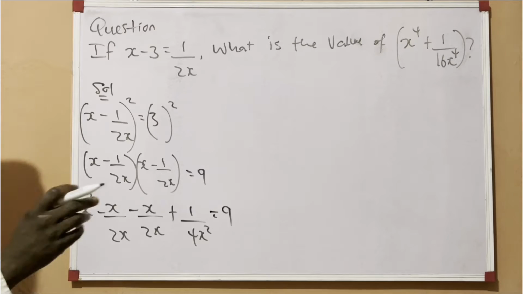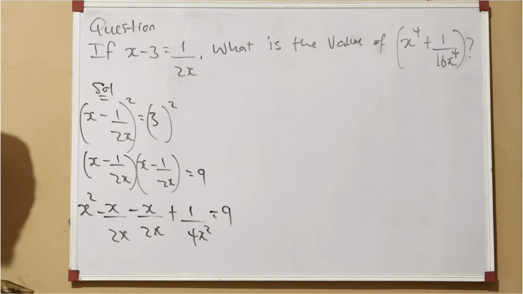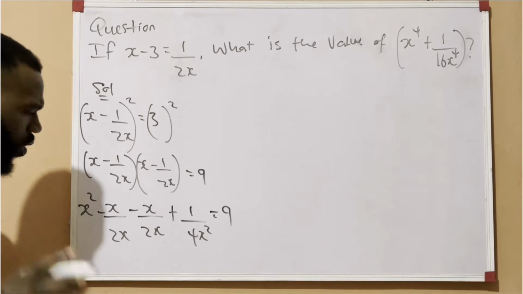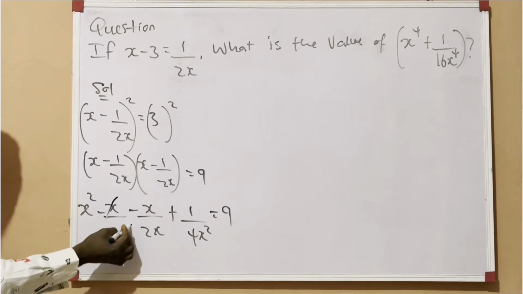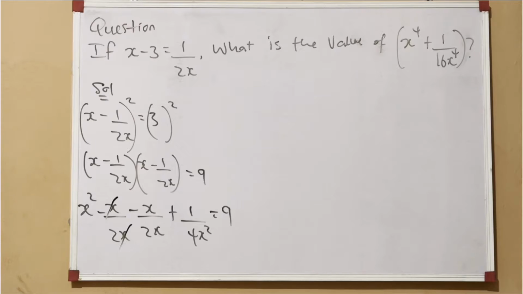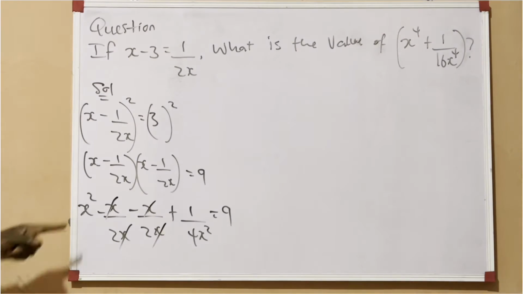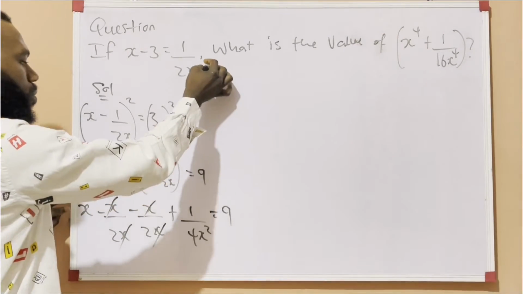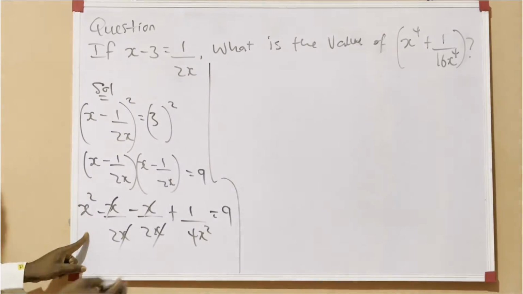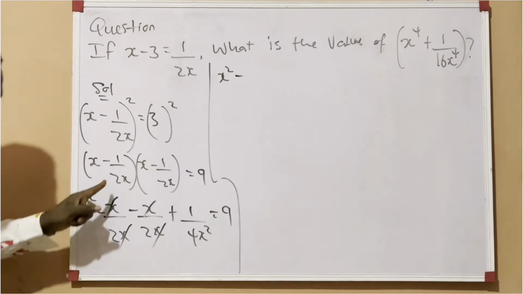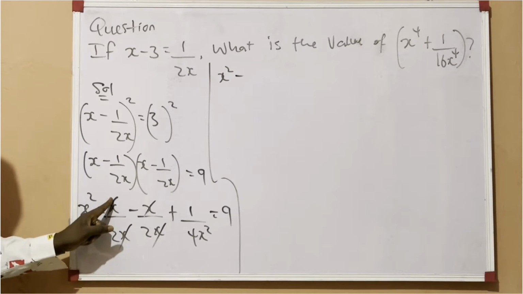Okay, now, we all know that when you say minus x over 2x minus x over 2x, you will notice that x here will cancel out x. And also, x here, we cancel out x. So what do I have left here? It becomes x squared minus, if x should cancel x, it means I have just 1 left.